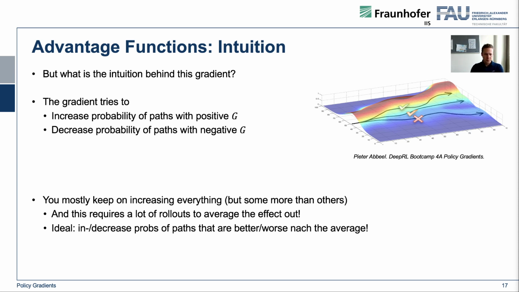In order to estimate which trajectory or which actions to actually push more than others, you require a lot of samples to average out the variance from the estimation targets. And you want to increase or decrease the probability of a path if it is better or worse than the average you would expect.